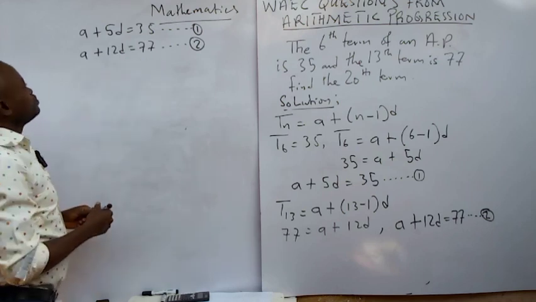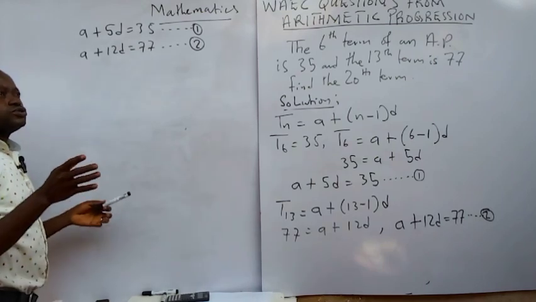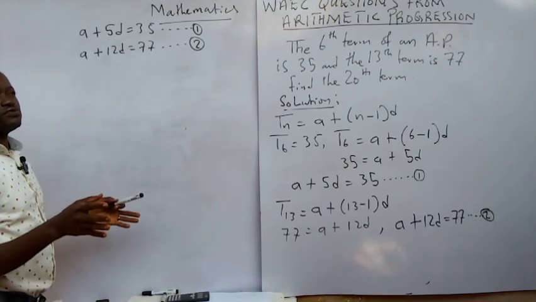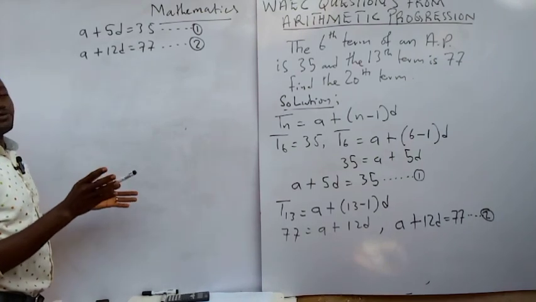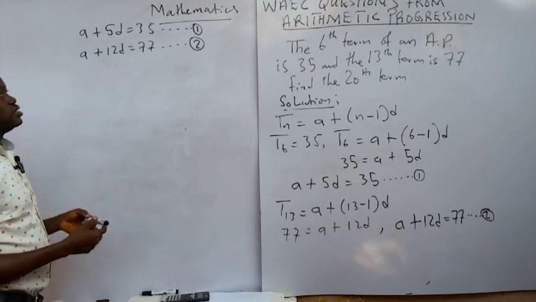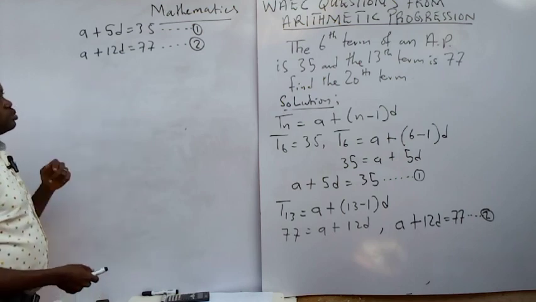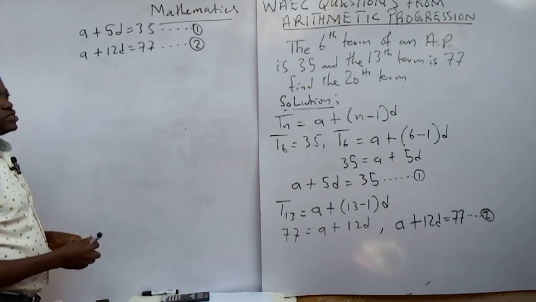I'm still going to dwell on simultaneous equations, even though the last time we were looking at the graphical method, where one is linear and the other is quadratic. I'm still going to come back and discuss it as a topic, but right now let me go straight.